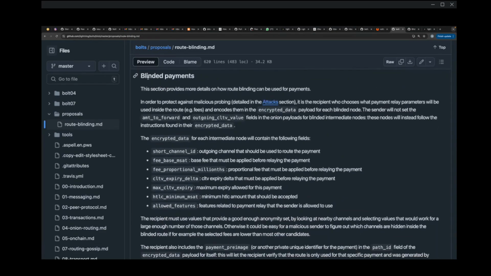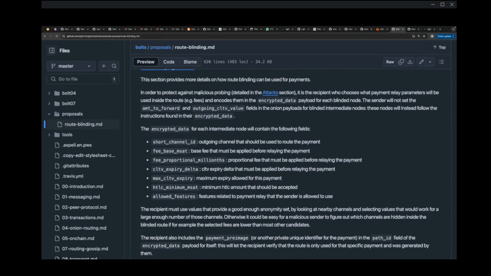So this particular scheme for blinded payments is inscribed into BOLT 12. So you can create a blinded route in BOLT 12 in order to protect against malicious probing. All right, so this one talks about the attack vectors for blinded route. It is the recipient who chooses what payment relay parameters would be used inside the route and encodes them in encrypted data.